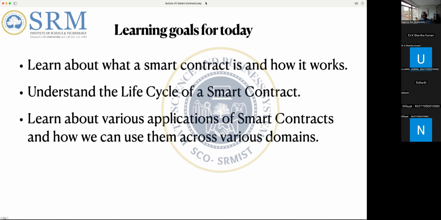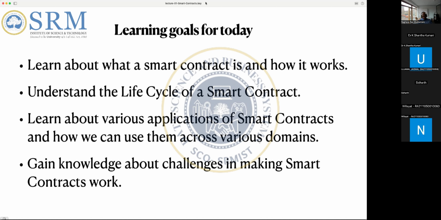And then, as I mentioned, we will look into some applications using smart contracts and how they can influence fields like finance, supply chain and the public governmental sector.